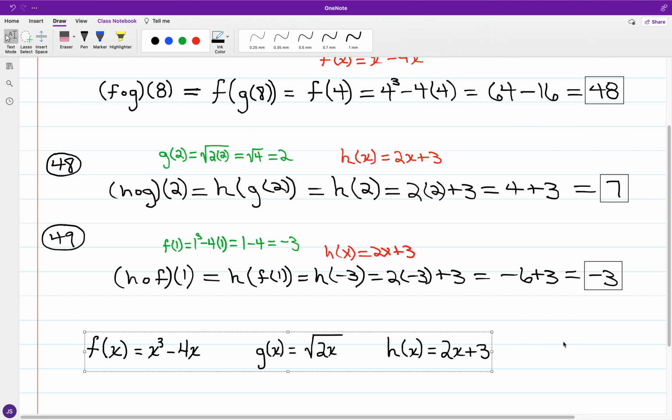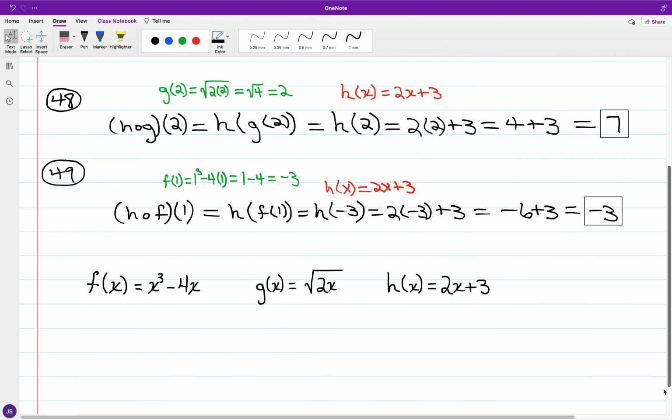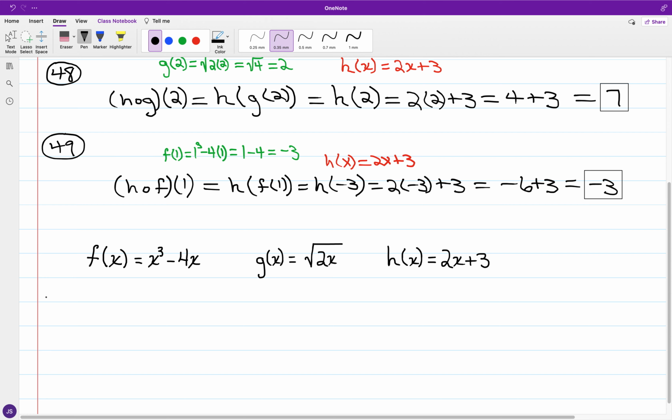So we have our f of x, g of x, and h of x once again. For number 50, we have g composed with f whenever x is equal to 3. So in this one, we have g of f of 3.